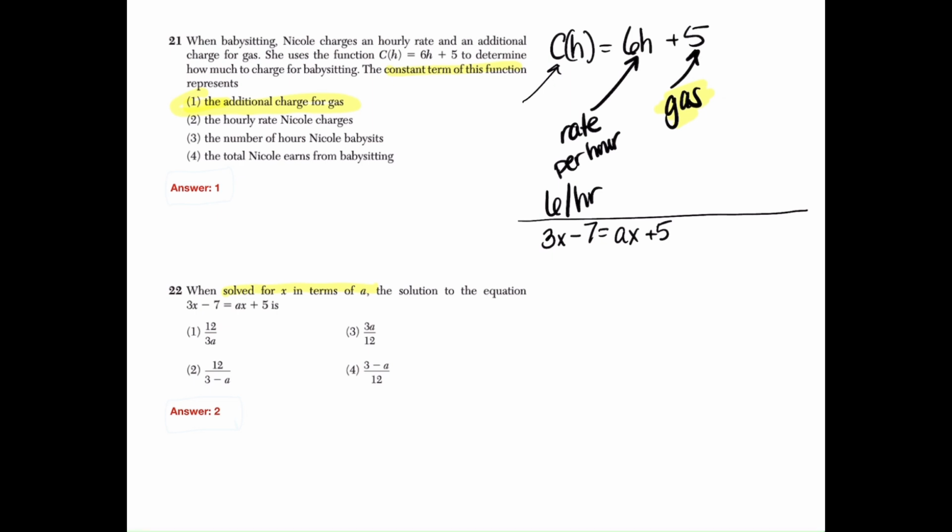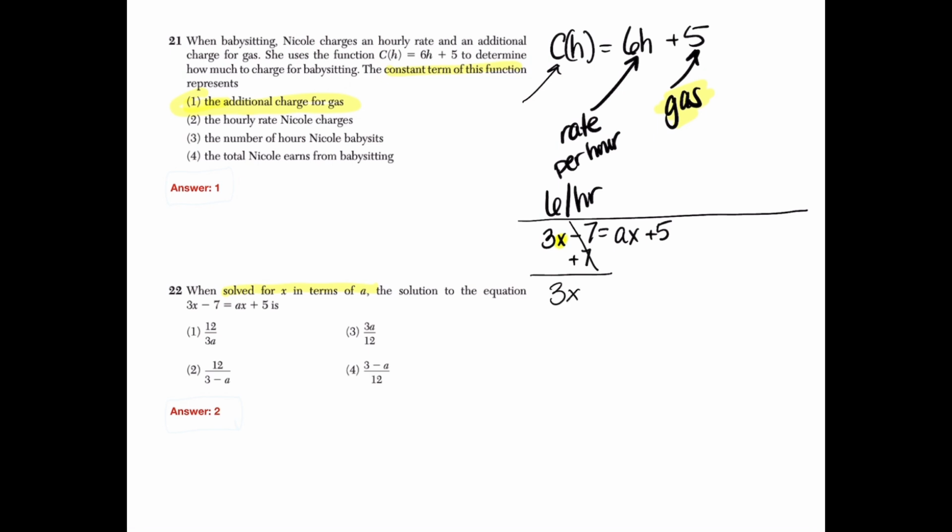I'm doing that on purpose because the first time I worked this out, I needed a lot of space. This is my focus here. Because it says in terms of A, so I want the A to stay on the other side. So I'm going to start by making a 0 pair with the 7. So negative 7 plus 7, that will give me a 0 pair.